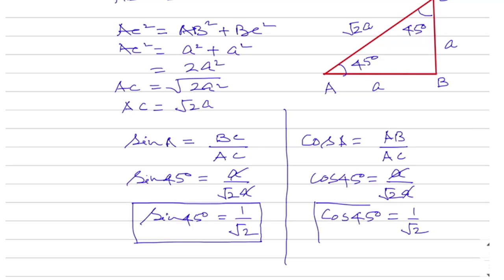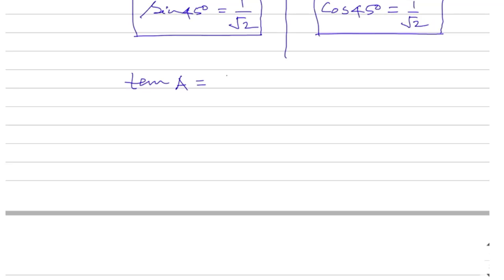So this is the value of cos 45 degree, and tan A is equal to BC upon AB. Now putting the value of BC and AB and angle A, therefore tan 45 degrees is equal to a upon a. a is cancelled out, so we have tan 45 degrees equal to 1.